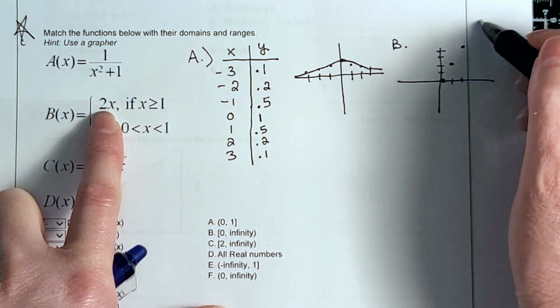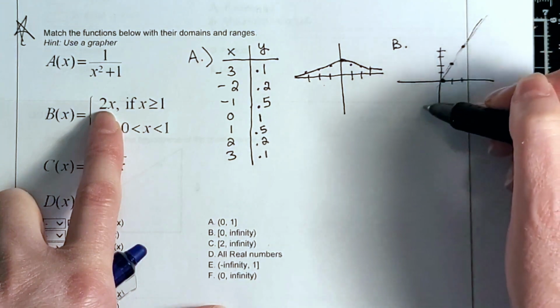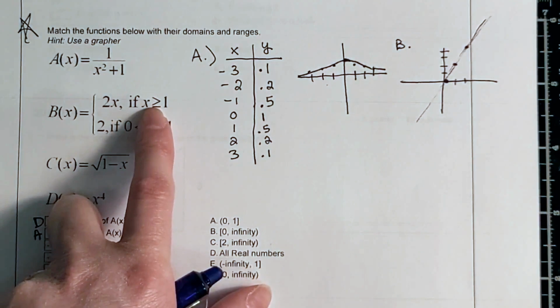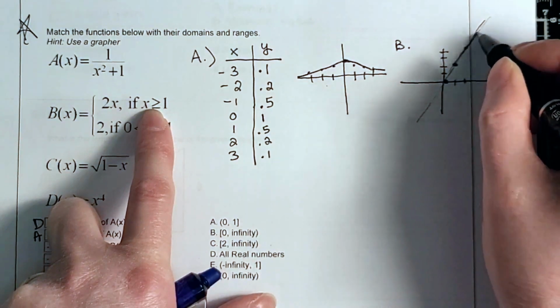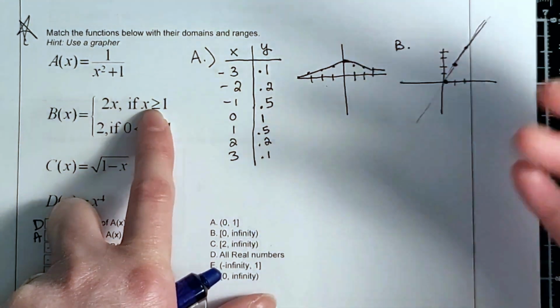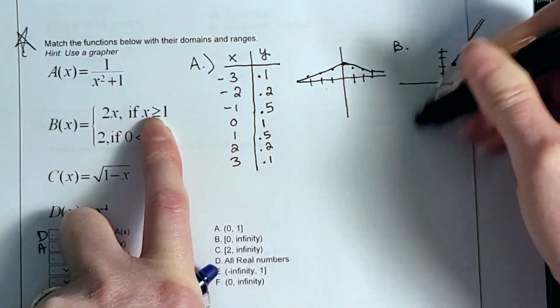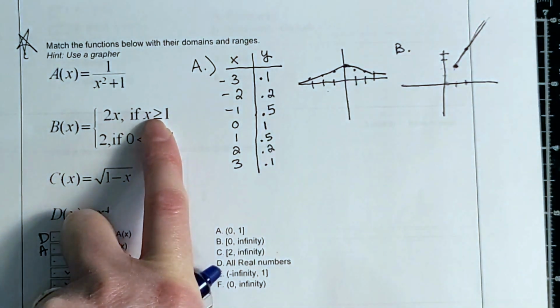So we're looking at a straight line like this, and of course it would continue going down like that. Now we only want the part that's greater than or equal to 1. So we're going to keep this right here, and this is how I always like doing it, and everything below that we're going to erase, because that's all the negative half. So we're just going to keep that half.